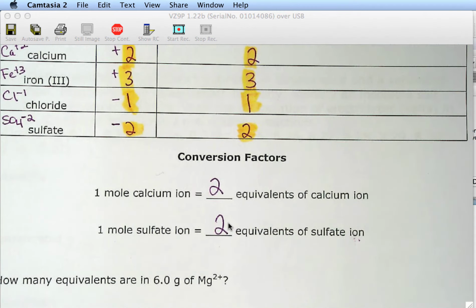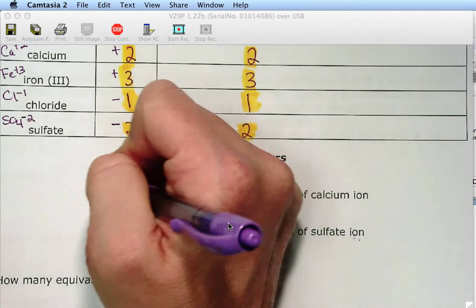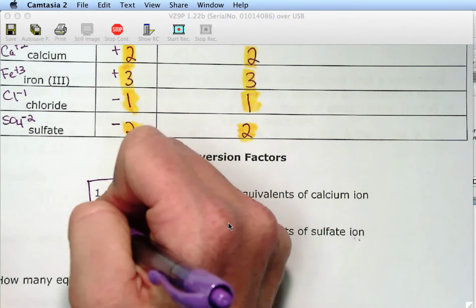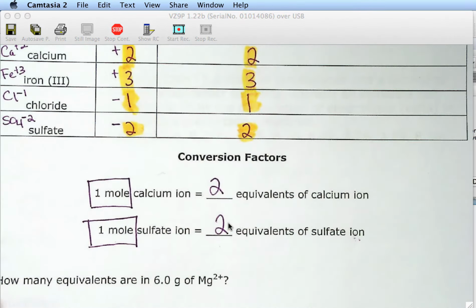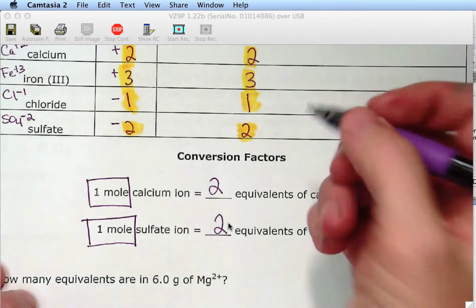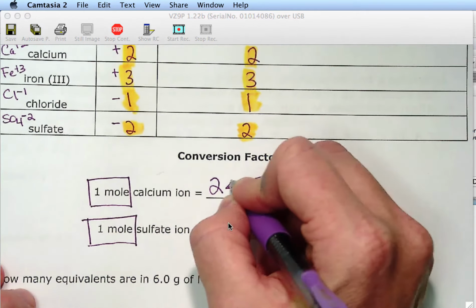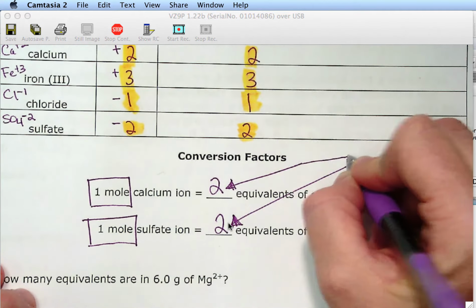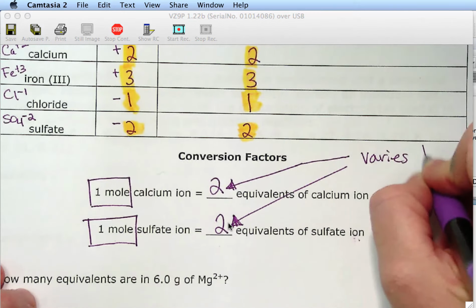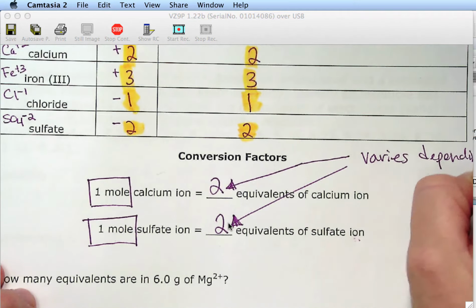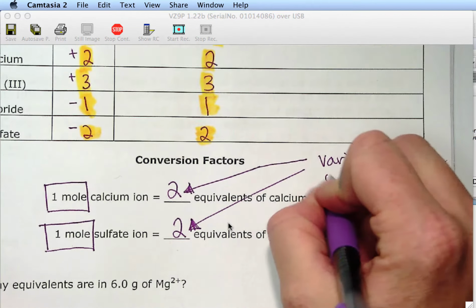What I always make clear is that 1 and mole always stay together. This is constant in your conversion factors. What varies is the number of equivalents, and that depends on the ion you're dealing with.